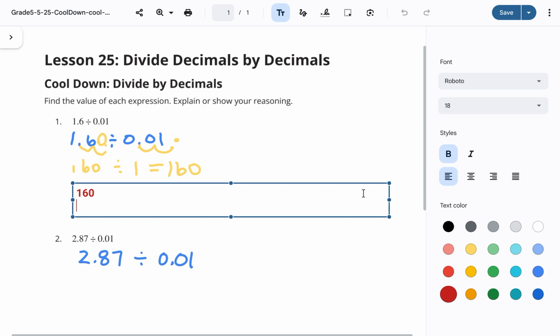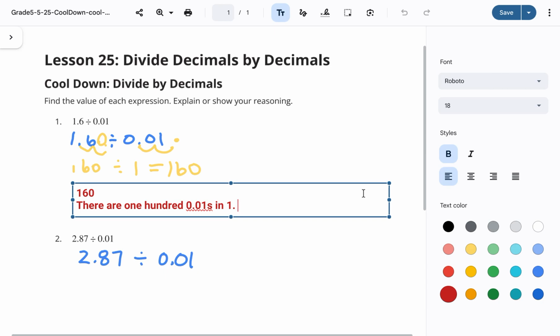Now, how are we going to explain this? I'm not going to say, well, I moved my decimal 2 times in the dividend and 2 times in the divisor. No, that is a procedure that helps us do this quickly. But we can explain the mathematical reasoning behind it, right? Well, first of all, I could write out that there are 100 hundredths in 1.